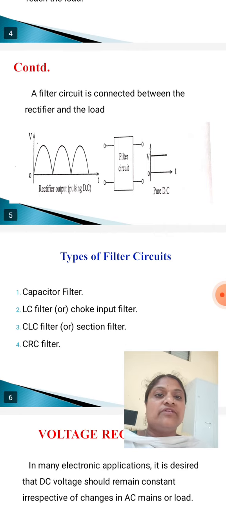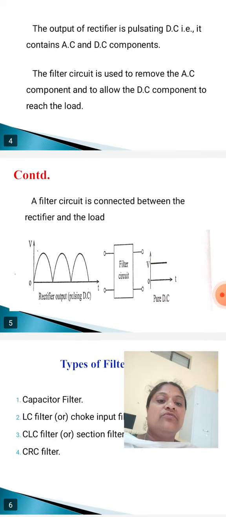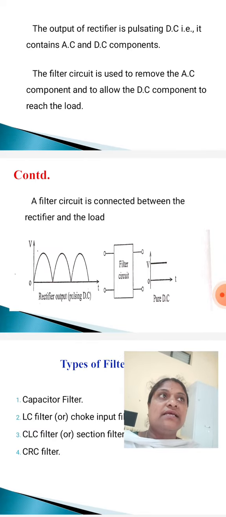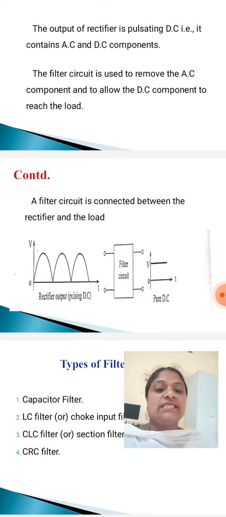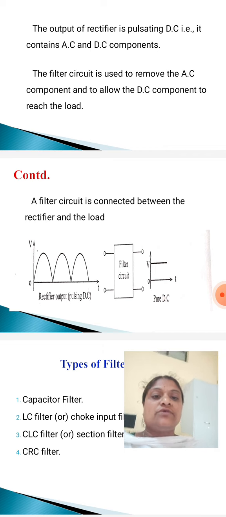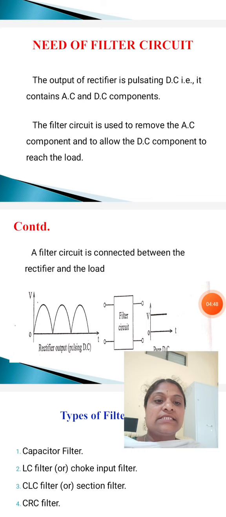That is the output of the filter circuit. That is the purpose of the filter circuit. If we need pure DC, then we apply a filter circuit in any electronic device or component. Okay. This is the need of filter circuit.